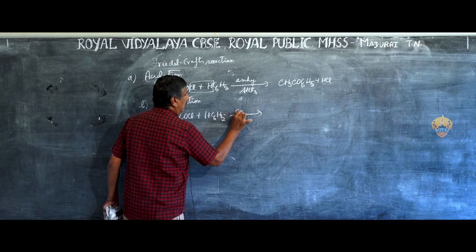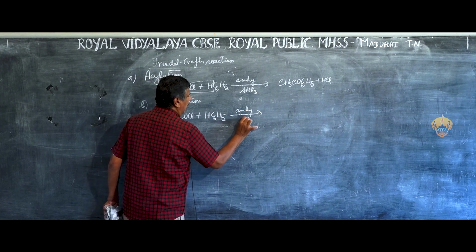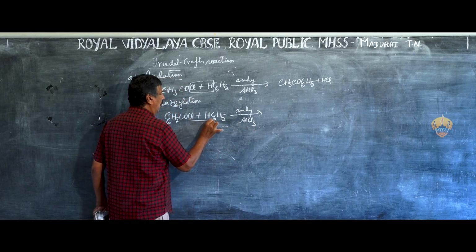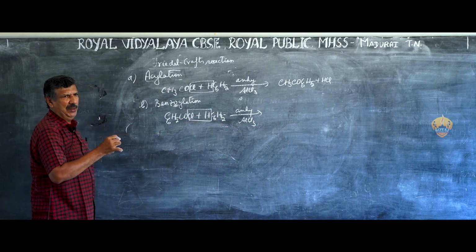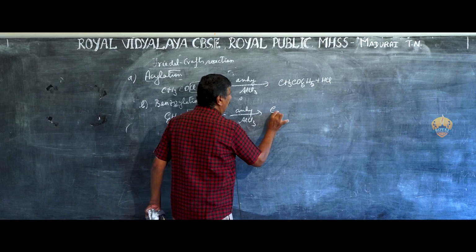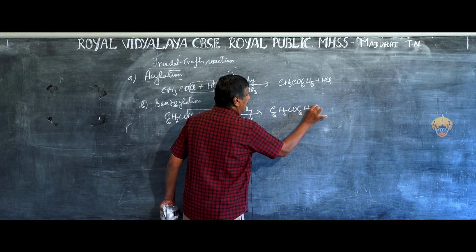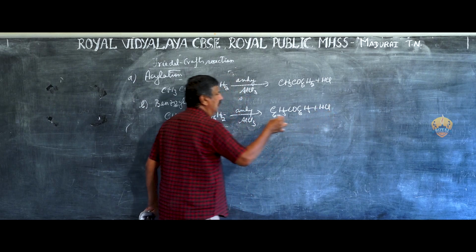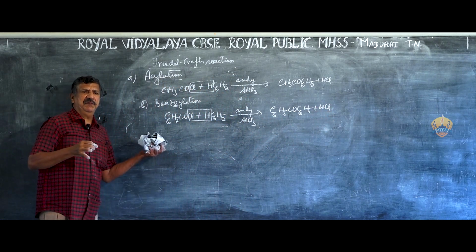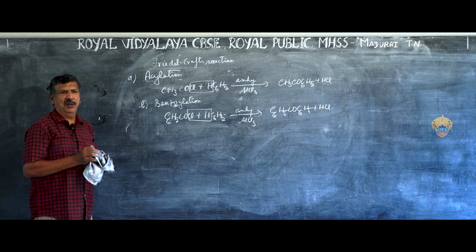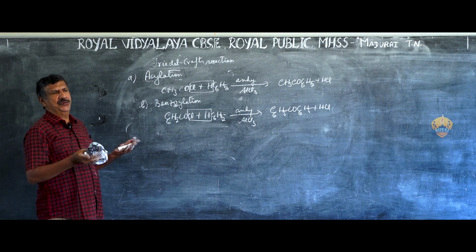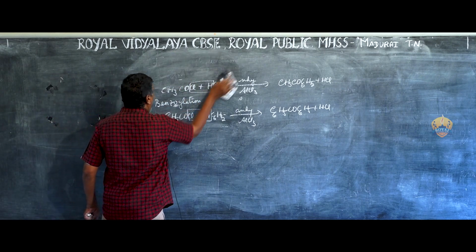As usual, the same anhydrous aluminum chloride. You remove the HCl as usual, the product will be benzophenone. That is acetophenone, here is benzophenone. So this is the Friedel-Crafts reaction regarding aldehyde and ketones. Okay, next one.